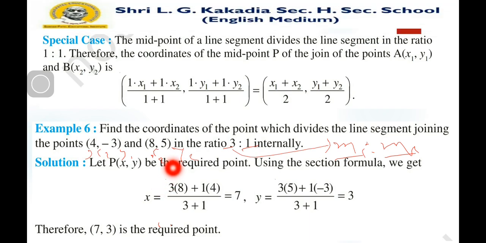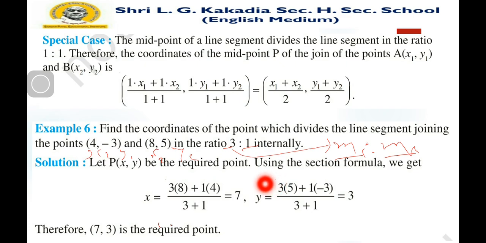m1 into x2, that is 3 times 8, plus m2 that is 1 times x1 that is 4, upon m1 plus m2, which is equal to 7.